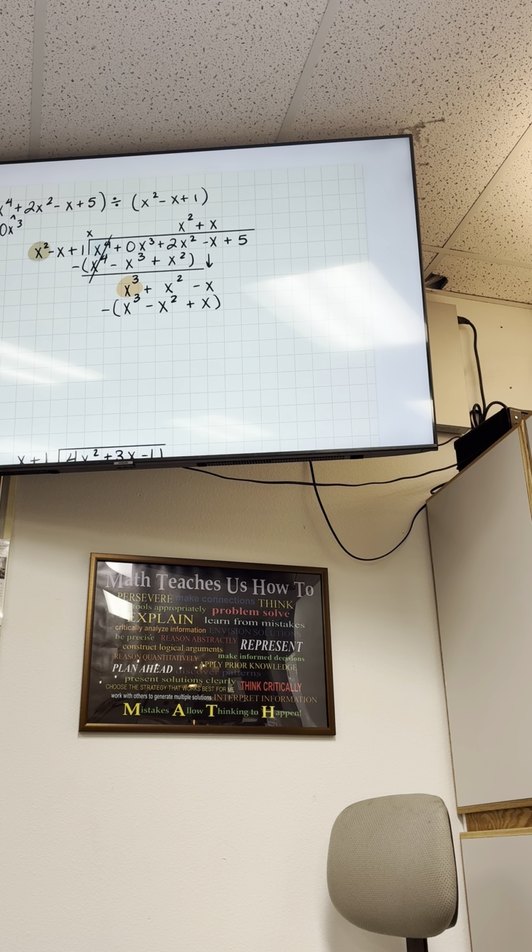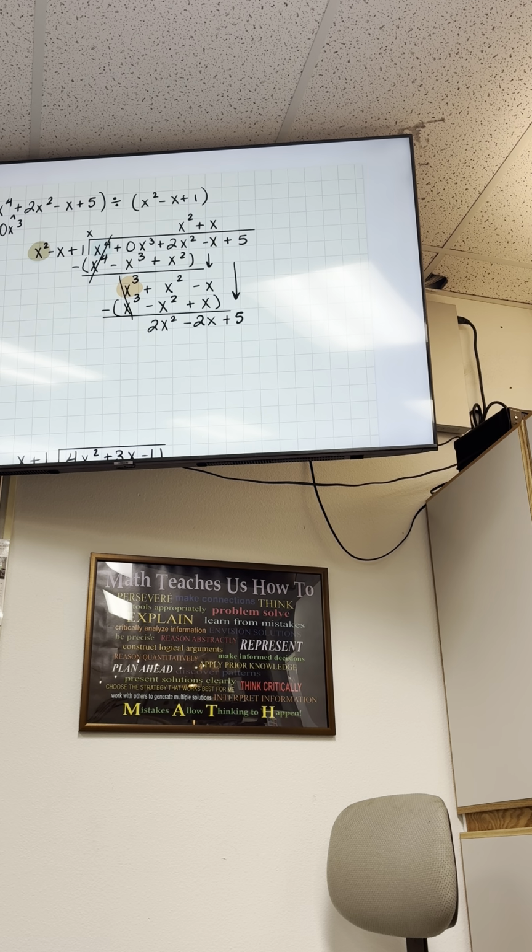Subtract, parentheses, find the difference. So here our x cubes cancel. x squared minus a negative x squared is a positive 2x squared. Negative x minus x is a negative 2x. Bring down our positive 5, and now we're at the last step.